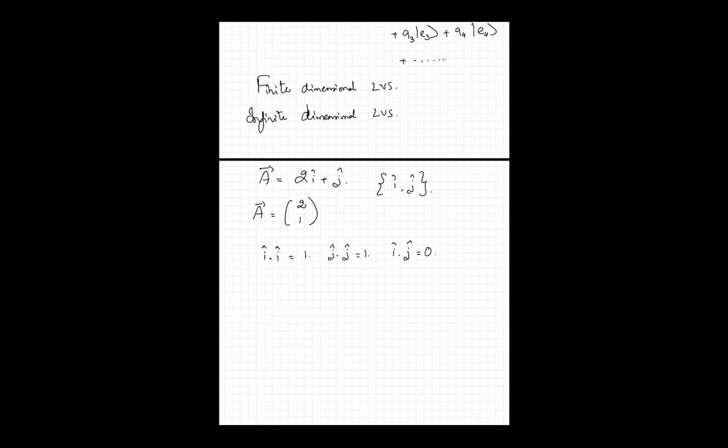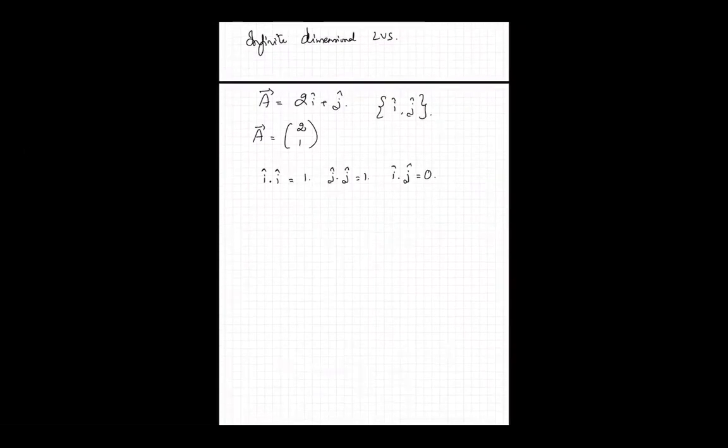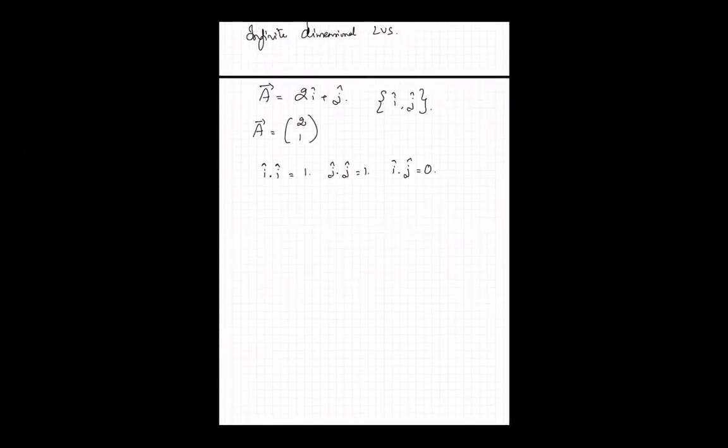If I lived in more than two dimensions, I can also talk about the cross product of two of these vectors giving me a third vector. Anyway, this is the basic definition the basis vectors have to satisfy. They have to have unit length, i dot i is 1, and they have to be orthogonal.